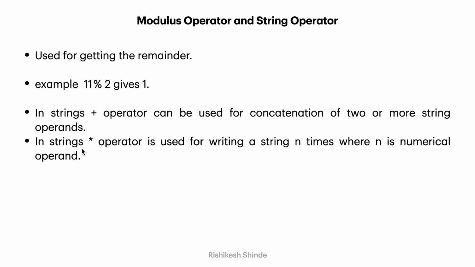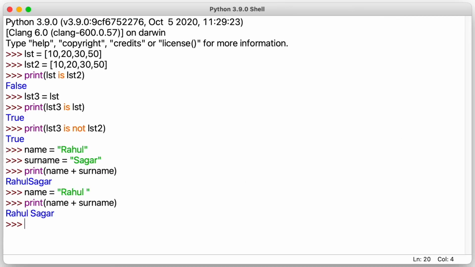And the second operator in string is this multiplication operator. It is used in between a string and a numerical value. So for using this operator, we should have one operand as string and another operand as numerical value. So let us understand using some example. Suppose we have a second operand num, and we are assigning the value 5. And the first operand, let us say we have name.